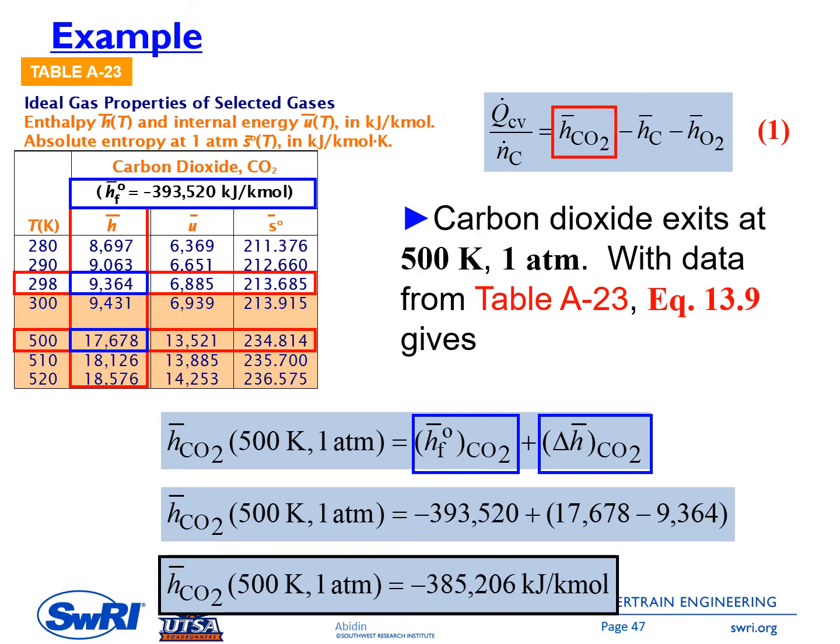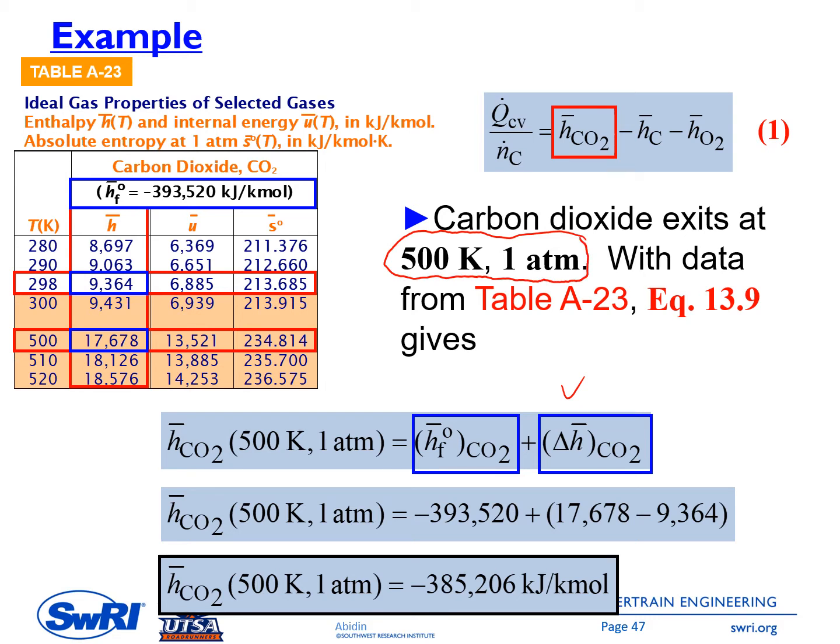Next one is to get the enthalpy of CO2. Carbon dioxide exits at 500 Kelvin, 1 atmosphere. So the enthalpy for CO2 here is the enthalpy of formation plus the delta H. This delta H is the enthalpy difference between the enthalpy at the corresponding state, 500 Kelvin 1 atmosphere, and the enthalpy at reference state.